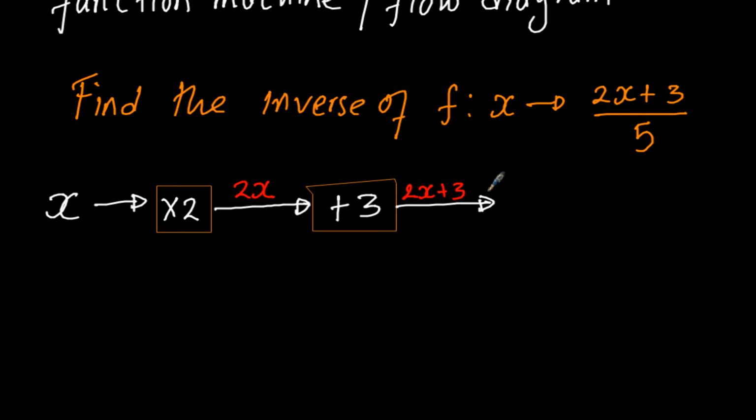Now that whole expression is being divided by 5, and that gives us our function, which is now 2x plus 3 out of 5, which we can call y, or the function of x.